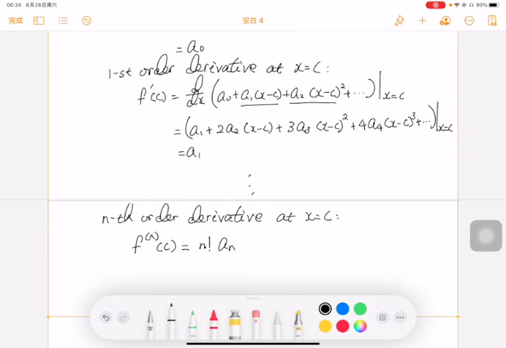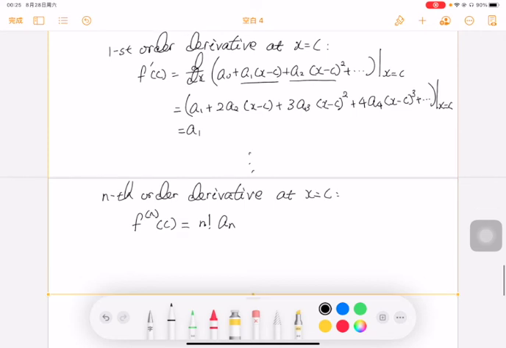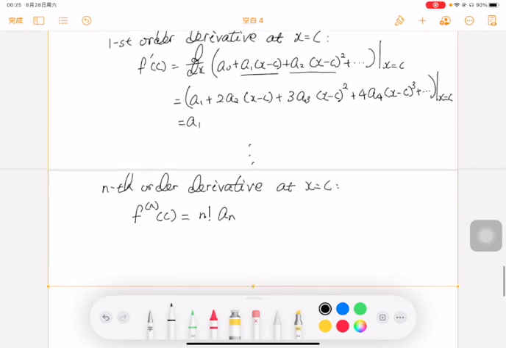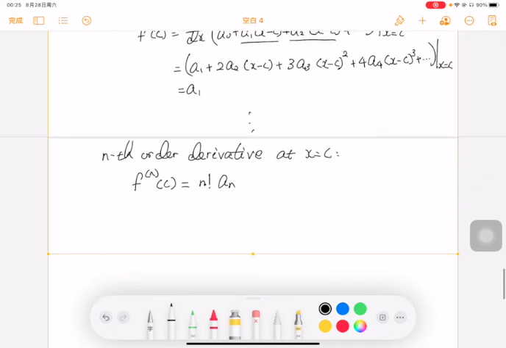Now if you take the derivative of the third term, you'll still end up with x minus c in the result. If you evaluate that at x equals c, that term disappears. So that means if you take the second order derivative at x equals c, all you're left with is 2 times a2. And if you continue in that pattern, then the nth order derivative of this power series will be n factorial times an.